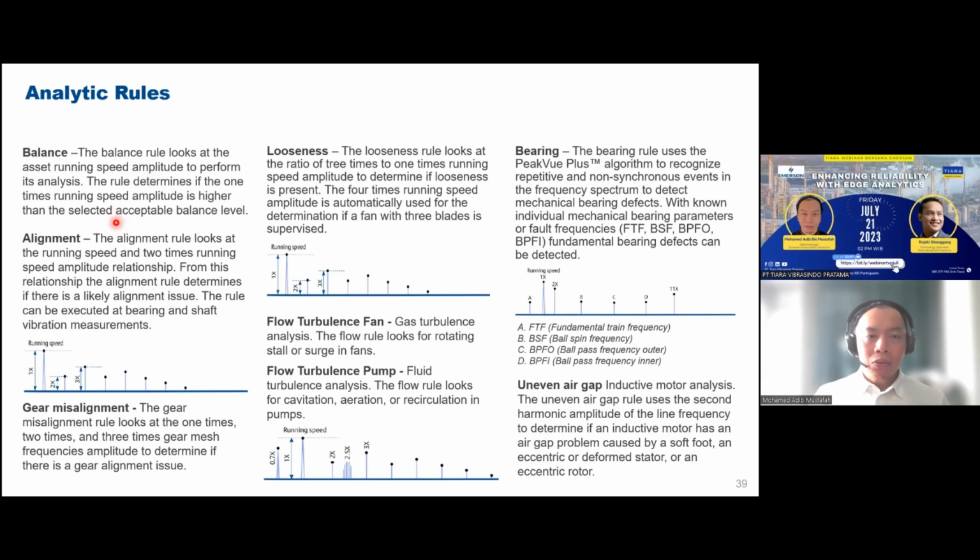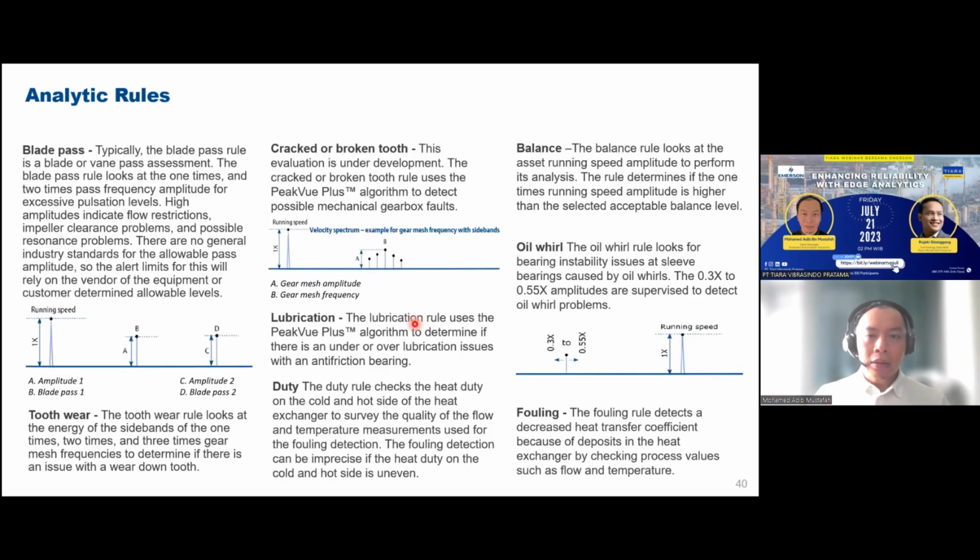That is how it works, and so on based on alignment. Same if we look at the 2x against the alarm setup, and so on. So these are the various analytic rules. If you are very interested, we can share more details with you, how it's triggered and so on. And the second page here is also showing all those alarms.